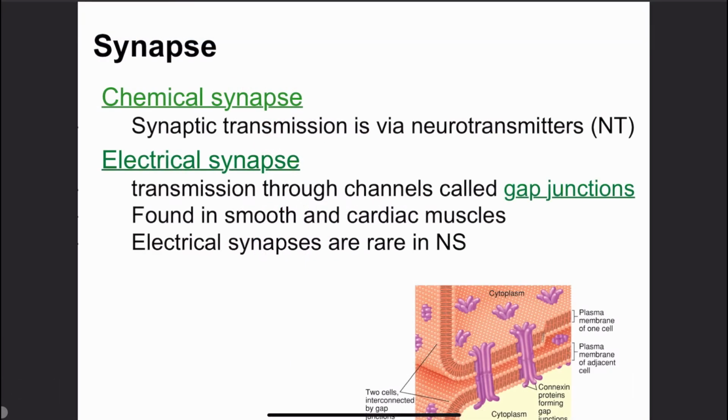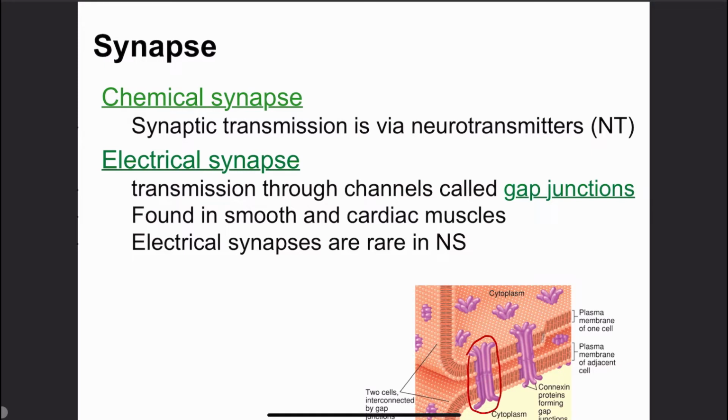There are two types of synapses. A chemical synapse uses chemicals, also known as neurotransmitters. An electrical synapse is a little different, and it's caused by transmission of voltage through channels called gap junctions, which means that these are cells that are right next to each other because they are connected via these gap junctions.